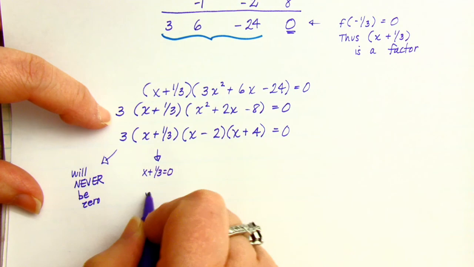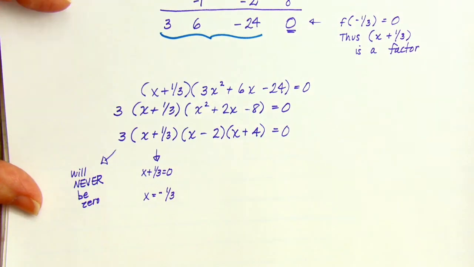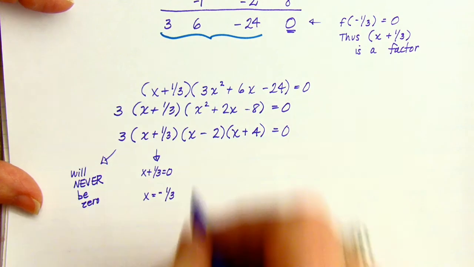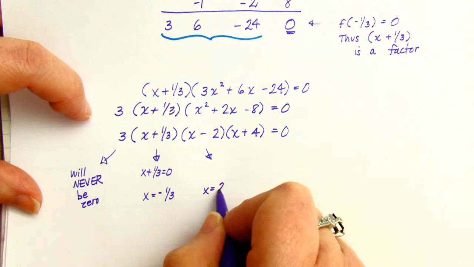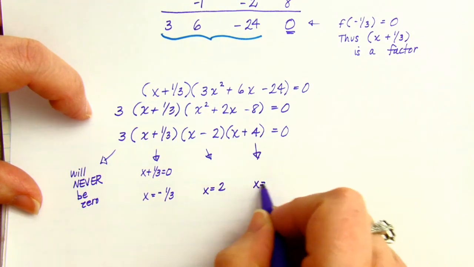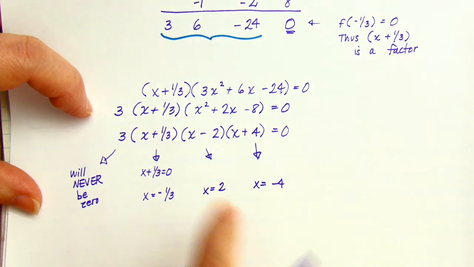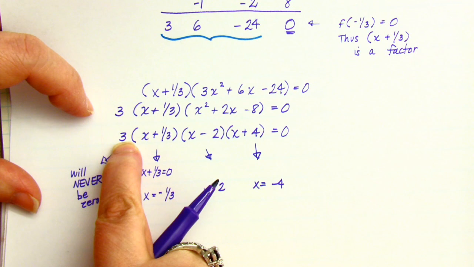When x is negative 1/3. Here, ZPP, zero product principle, x is positive 2. Here, ZPP, x is negative 4. So I've got 1, 2, 3 zeros. Don't mistake this. Please don't tell me that this is a 0. It's not a 0.